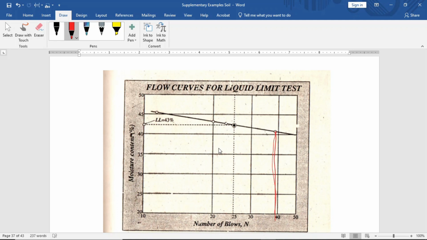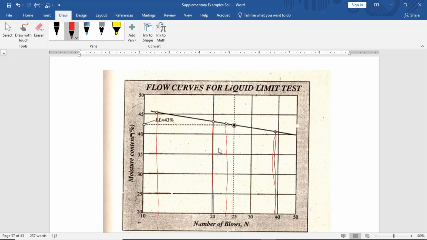Tapos, anong liquid limit niya? Moisture content is 41.79. So, slight taas lang sa 40%. So, another is the 23 blows. Ito yan. Tapos, 20 blows. Tapos, para naman sa 13 blows, ito yan.